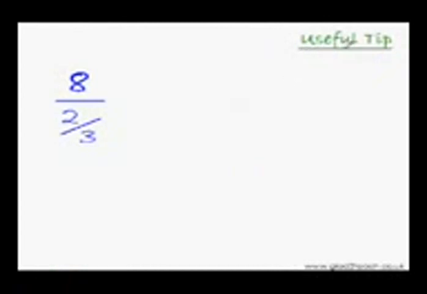One very useful tip for you: whenever you have to divide a number by a fraction, you can either do it the usual way by putting all the steps down, since this is 8 divided by 2 by 3. So we can write it that way, 8 divided by 2 by 3. And as you know, division is nothing but the inverse of multiplication.